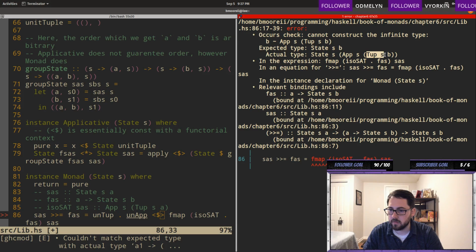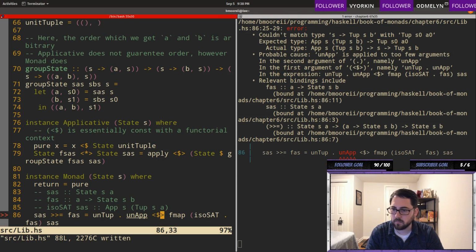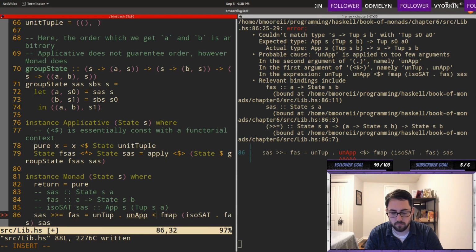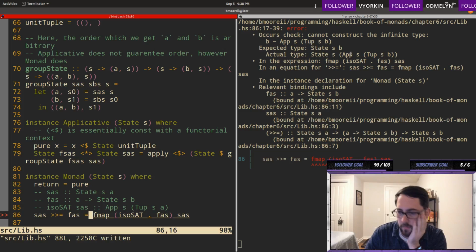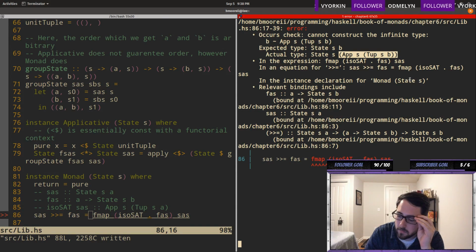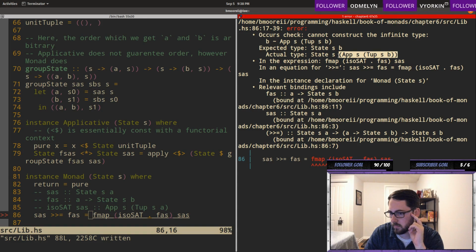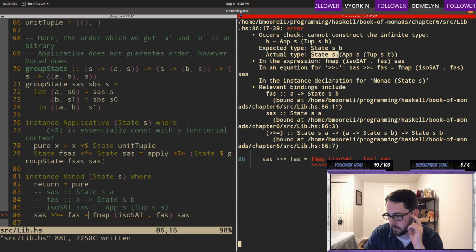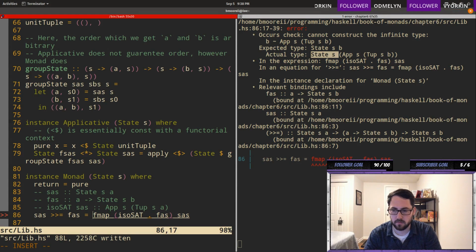Peel this off, and peel that off. So, okay, you're saying turn this into a state and then peel off the outer state.